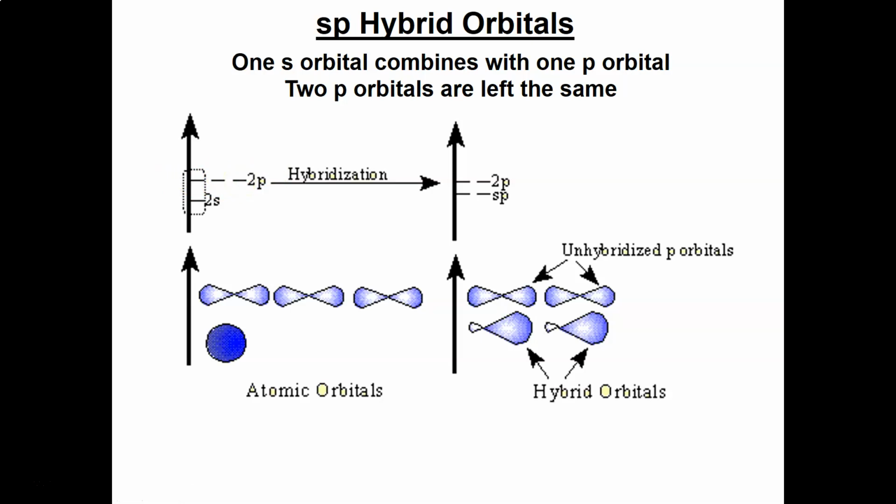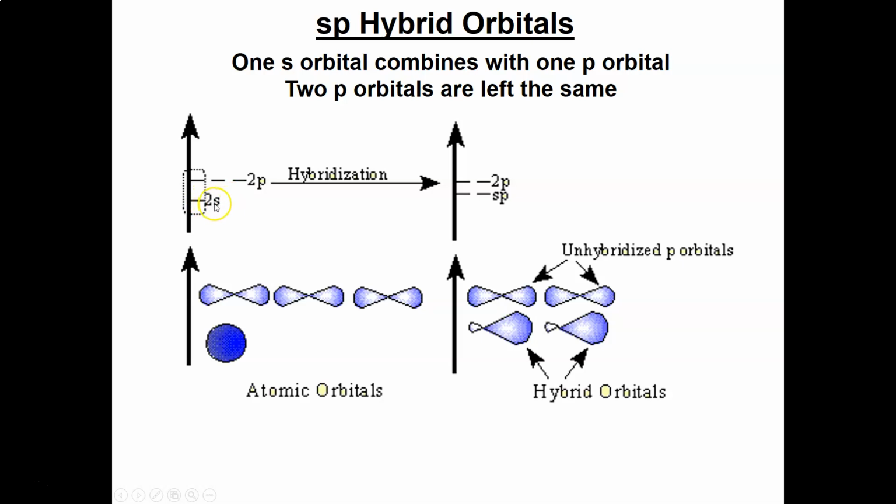Well, if I make an sp hybrid, I'm going to take this s orbital, merge it together with one of the p orbitals, and I make this brand new set of sp shape. I have 2 of the normal p orbitals left, but now I have 2 of these new hybrid orbitals. And if you notice, the energy level is a little bit in between where they were originally, right?